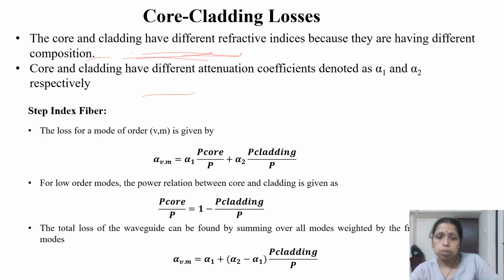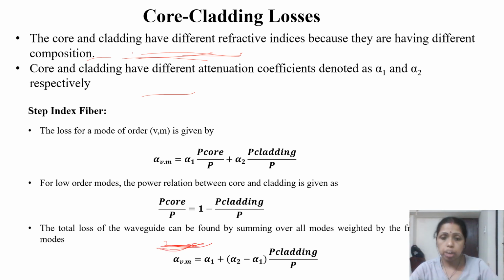Some power will be distributed inside the core, and some power will be distributed inside the clad. This happens due to the change in the refractive index, structural imperfection, inhomogeneous composition, or fluctuation in the composition.